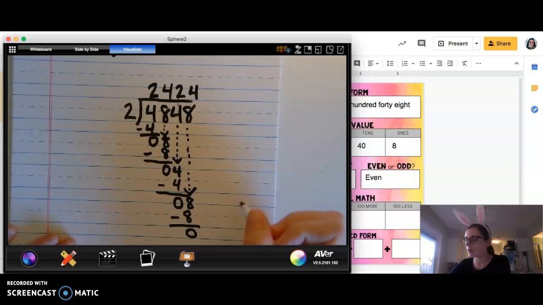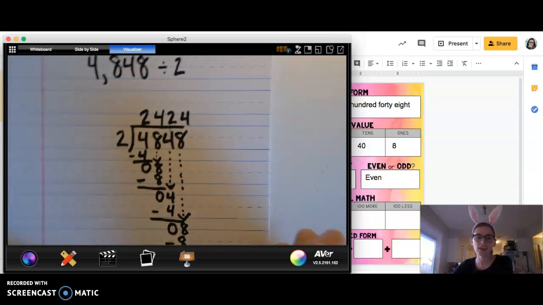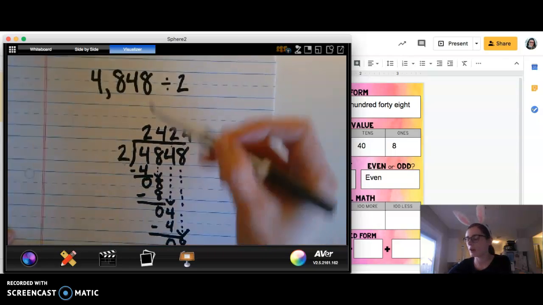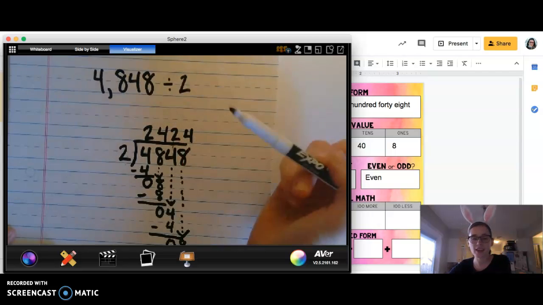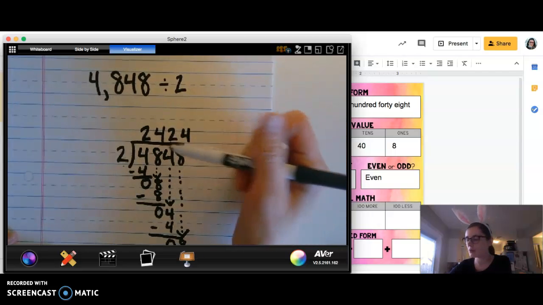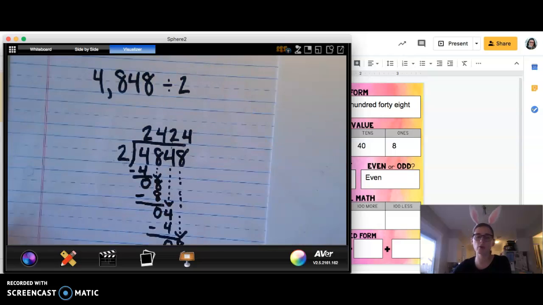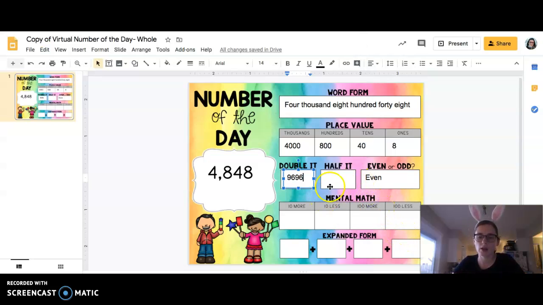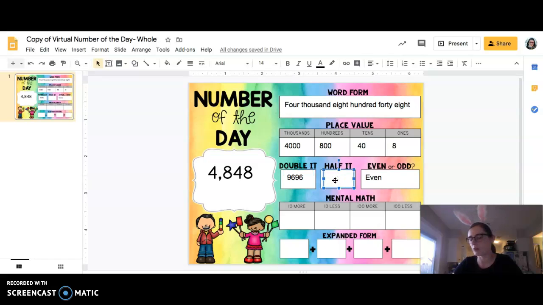So when I cut 4,848 in half, I'm going to end up with 2,424. So I'm just going to click back over to my PowerPoint or slides, and I'm going to enter my new number, which is 2,424.